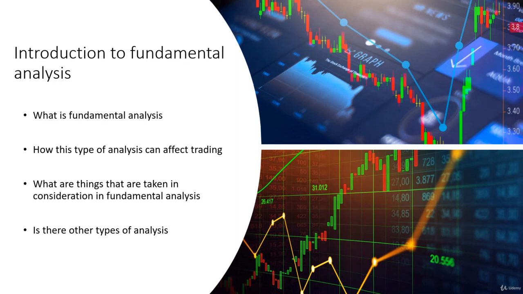In this case, this is very general. So let me just give you an example. Let's take the interest rate, for example. Let's say the interest rate goes up. This means that the currency associated with the central bank that put up the interest rate will simply become stronger.